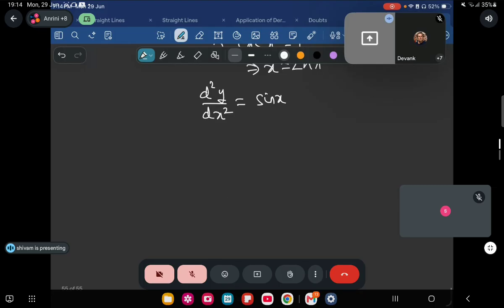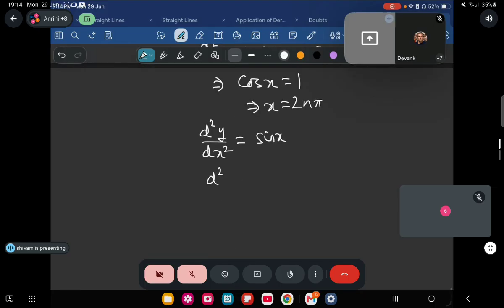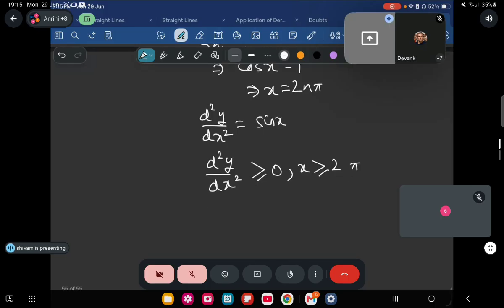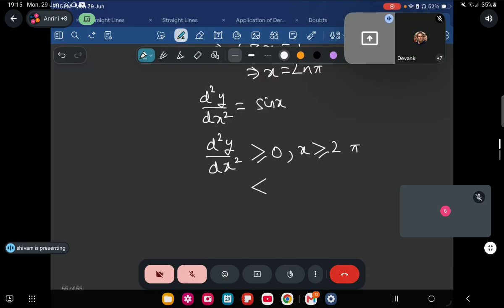So what you can see is around 2n pi, d2y by dx square is greater than or equal to 0 when x is greater than or equal to 2n pi for all n belongs to natural numbers, and it will be less than or equal to 0 when x is less than or equal to 2n pi.